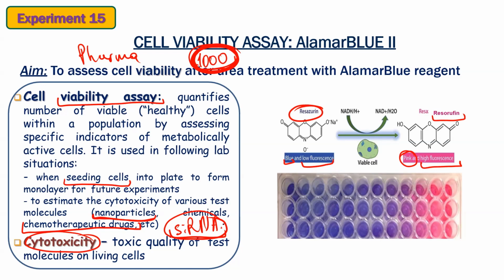And of course, you cannot use this siRNA. So you are going to perform this cytotoxicity test with your siRNA. So all of this is related to understanding how stressed your cells are. Okay.